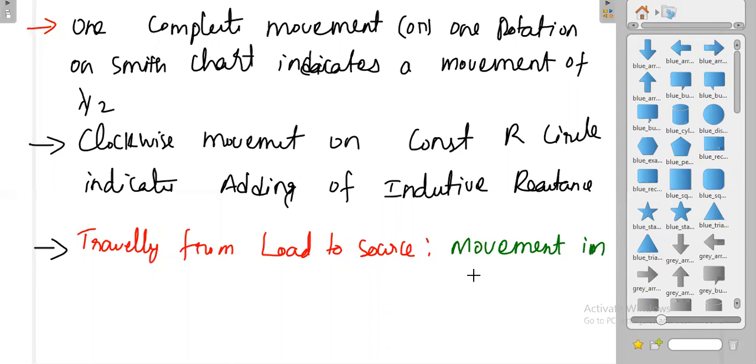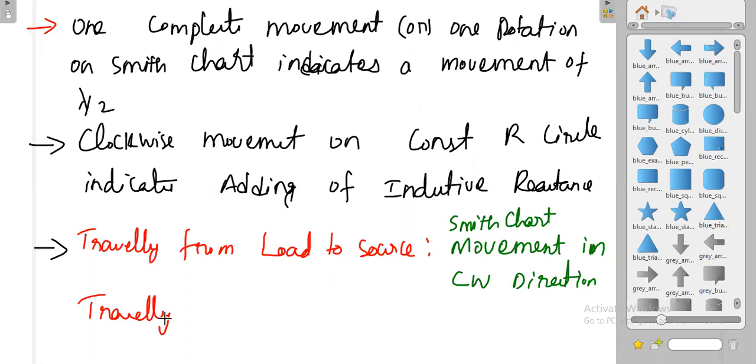Similarly, traveling from source to load is movement in an anti-clockwise direction.